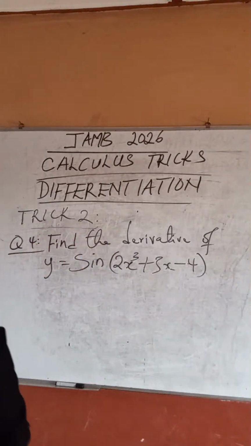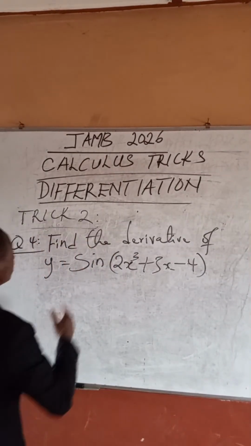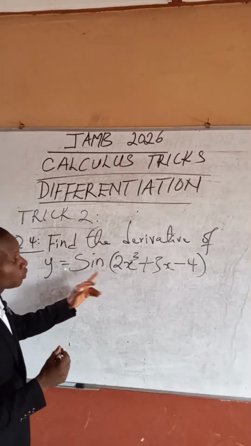I'm sure we can do this, right? We can, yes, because this is trick 1, not trick 2. We are going back to trick 1.